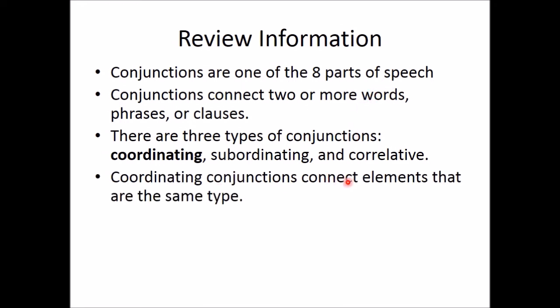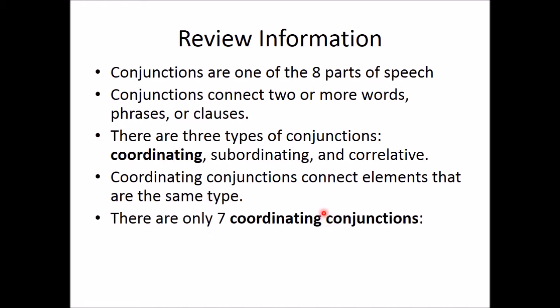Coordinating conjunctions connect elements that are the same type, meaning if we're connecting 2 words, they're the same type of word, like 2 verbs, or 2 subjects, or 2 direct objects. In today's presentation, the type that we're going to connect are 2 adjectives or 2 adverbs. So coordinating conjunctions connect elements that are the same type.